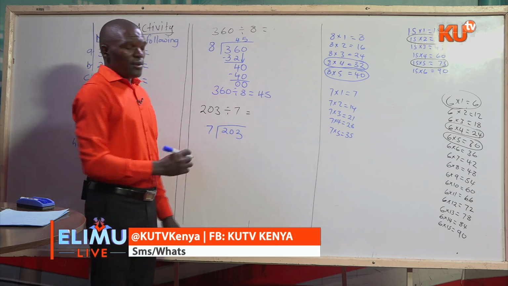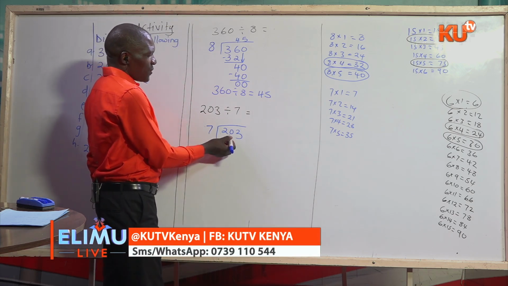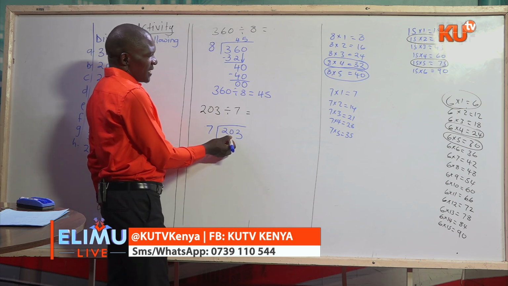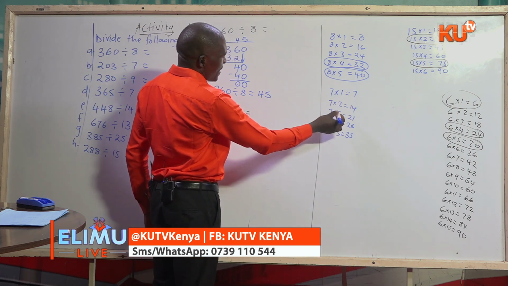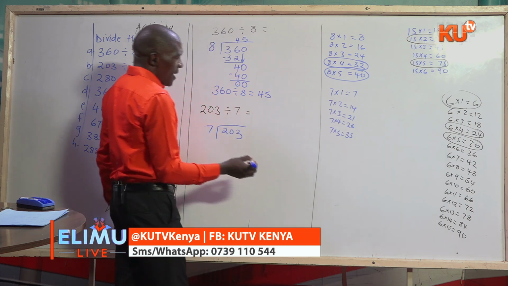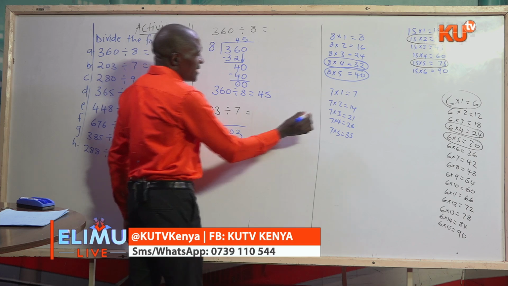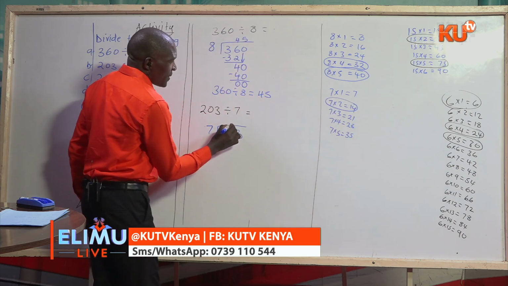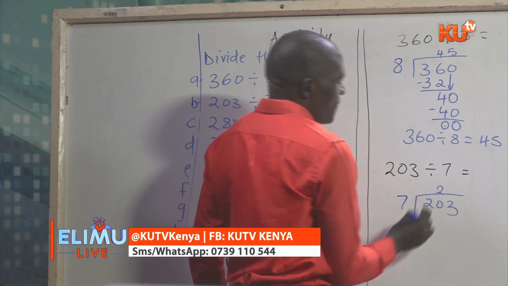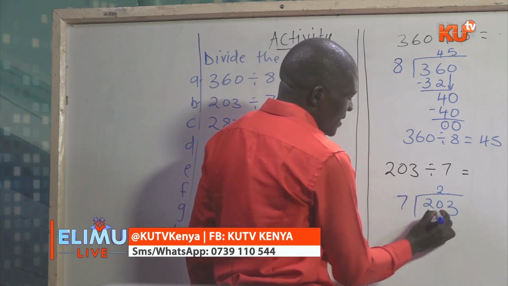And so, ask yourself, which number are you going to multiply by 7 to give you 20? As you can see on our multiplication table of 7, we do not have that number. But we have a number that is close to 20, which is 7 times 2, which is 14. So write that 2 here. 2 times 7 is 14.